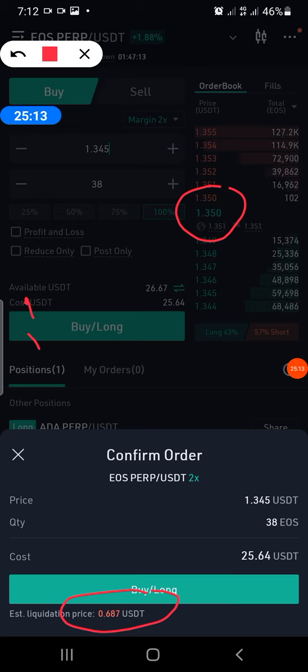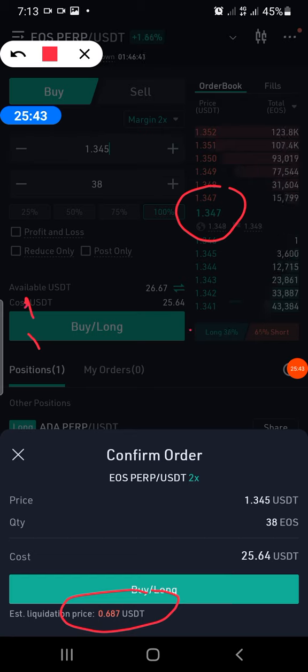It means this market has to keep dipping from 1.350 now to 1.2, to $1, to 0.8, to 0.7, to 0.687 before you will get liquidated. Can't you see you are on a safer side than someone trading with a higher leverage?